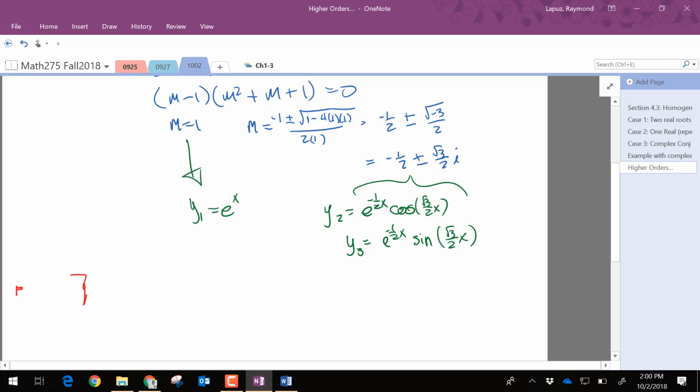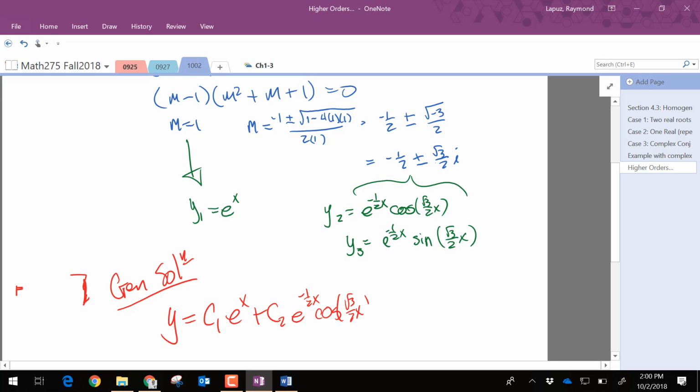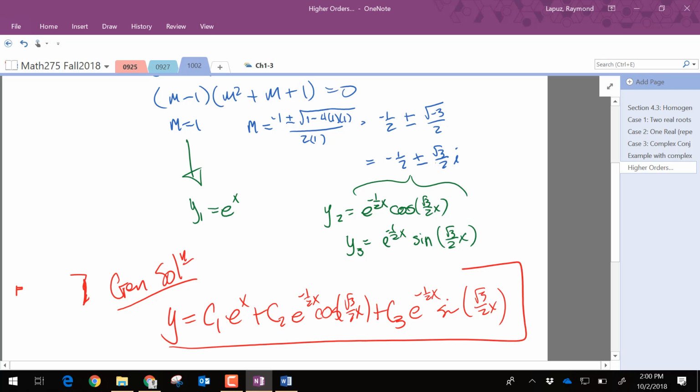The general solution: y is equal to C1 e to the x plus C2 e to the negative 1/2 x cosine of square root of 3 over 2 x plus C3 e to the negative 1/2 x sine of square root of 3 over 2 x. Bam.